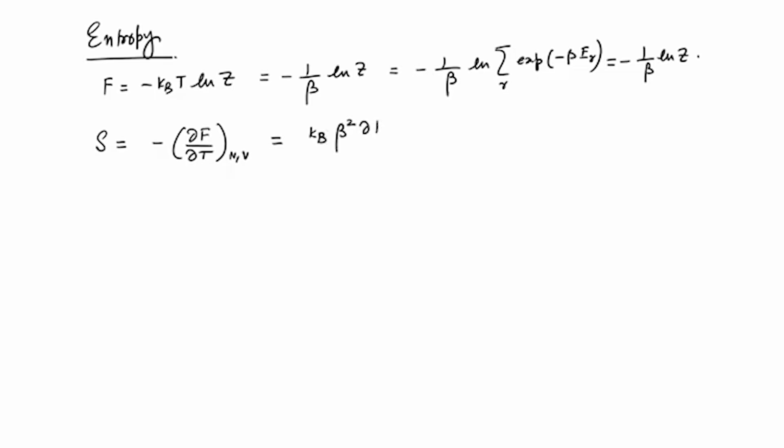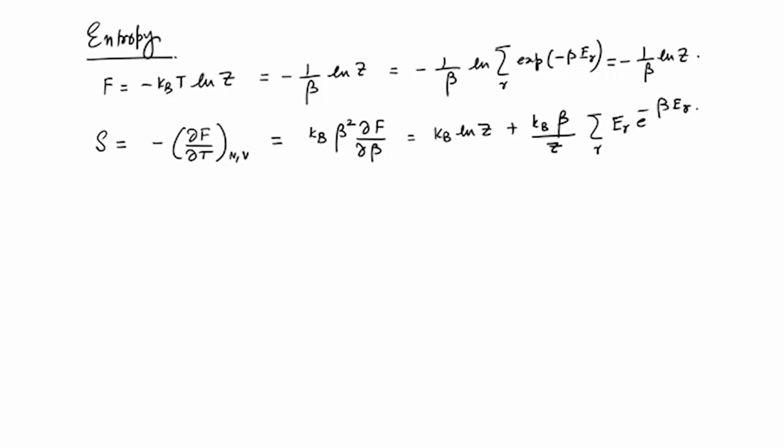There is a little bit of algebra that I do, please convince yourself that this is correct. This is equal to k log Z plus k beta over Z times the sum over r of E_r exponential minus beta E_r.